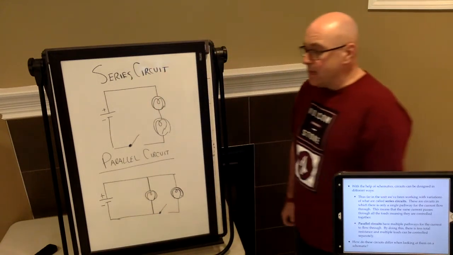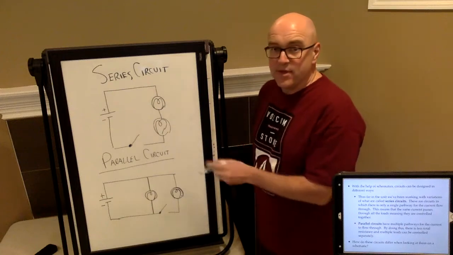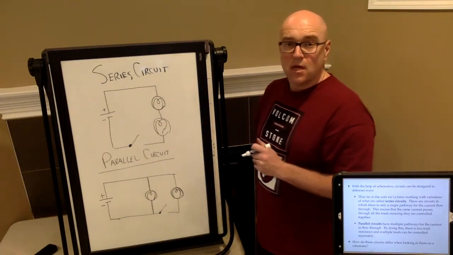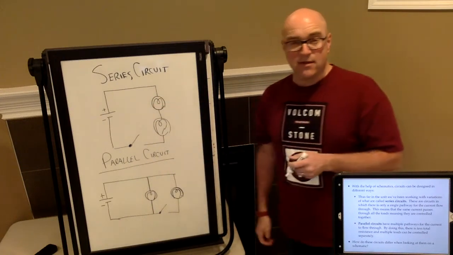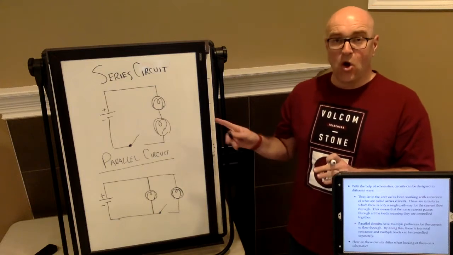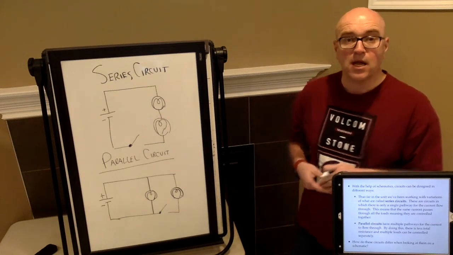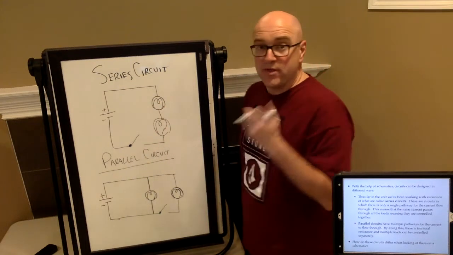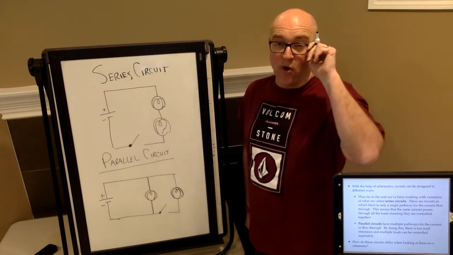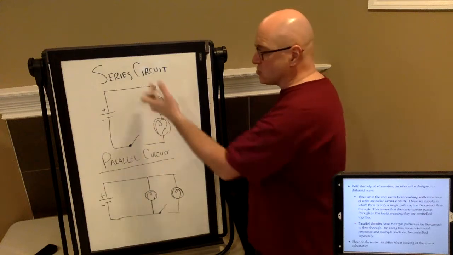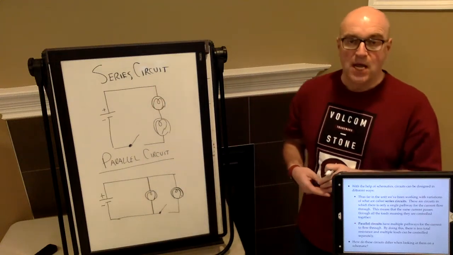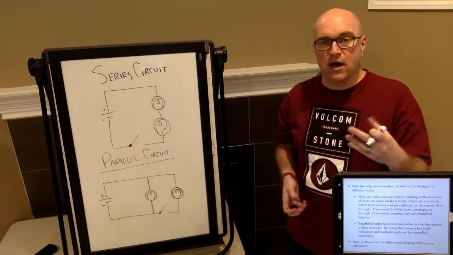Now, if I open up this switch, what's going to happen to the lights on the circuit? If it's open, there's no flow of electrons, and the entire circuit has been broken. Both of these lights shut off. So I only have one form of control over everything on the circuit. Basically, one light goes out, they all go out.